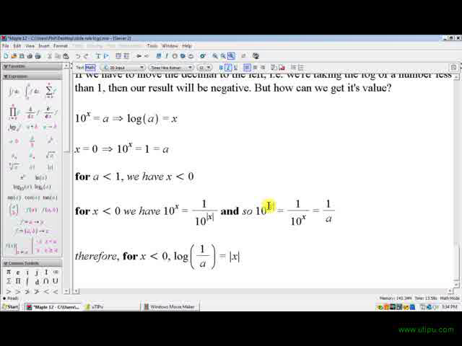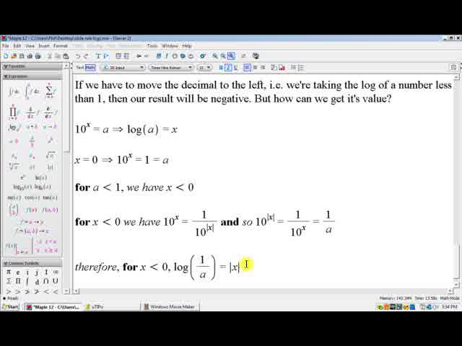And with that relationship, for negative values of x, I have this. Logarithm of 1 over a is equal to the absolute value of x. So where on the slide rule I was only supposed to get positive values over here, now I can get a positive value just by taking the reciprocal of a number that I know is going to give me a negative value.